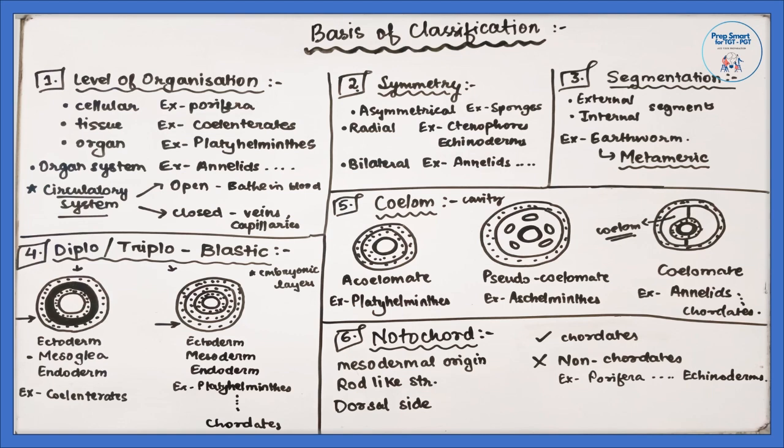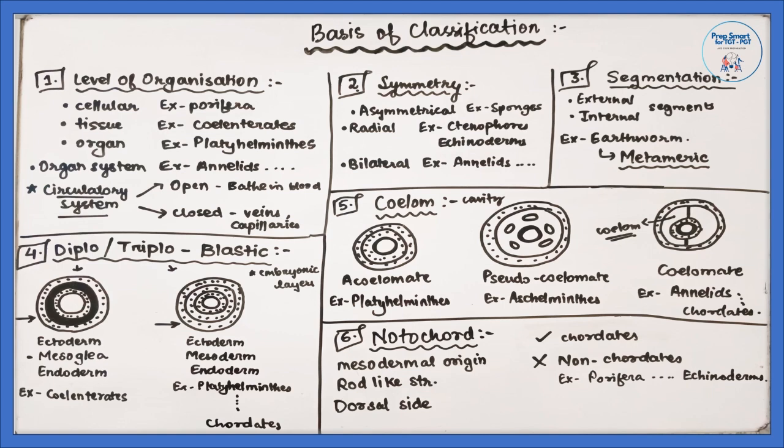The next is symmetry. It refers to the correspondence of body parts in all major respects, like size, shape, position, etc., with the parts on the opposite side when divided from the central axis. It can be of three types: asymmetrical, examples are porifera or sponges; radial symmetry; or bilateral symmetry. In radial symmetry, the animal gets divided into two identical halves when any plane passes through the central axis.